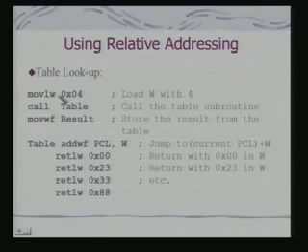This argument is being specified here, and it is being used for indexing onto the table. How is the indexing operation taking place? By adding this value to the PCL. Once you add that value to the PCL, the next instruction to be executed will be at an appropriate offset. That means it is being indexed onto the table.